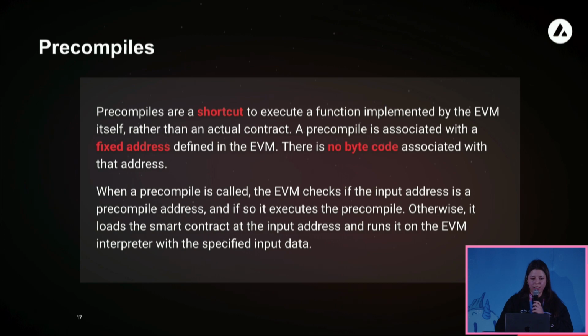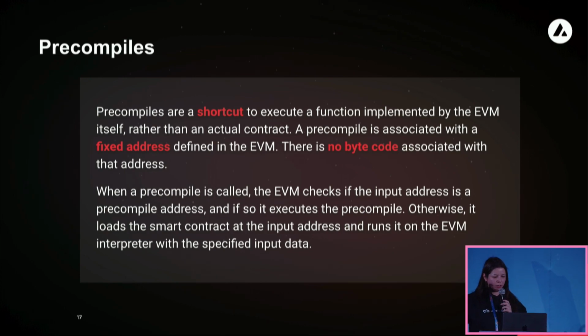Something to have in mind as well is that precompiles are not at the bytecode level. You don't have any bytecode associated with this. You will be modifying the specific code of the virtual machine. So think of it as a shortcut to execute specific functions of your virtual machine. How this works is that whenever a precompile is called, it's deployed at a specific address.